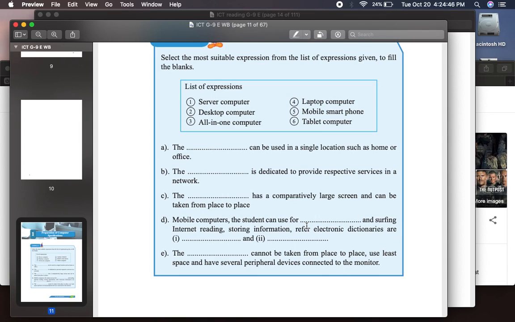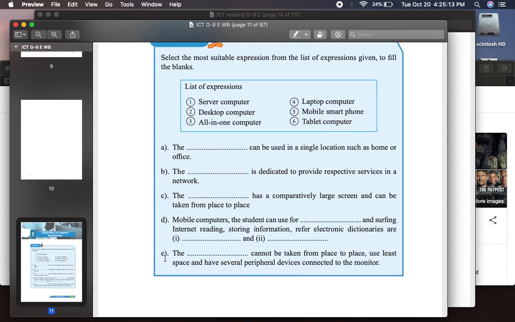They would have connectivity such as Bluetooth, where if you have a Bluetooth printer at home, then you can print using that Bluetooth connection onto a connected printer. So in general, the answer would be laptop computer and tablet computer for sentence D.